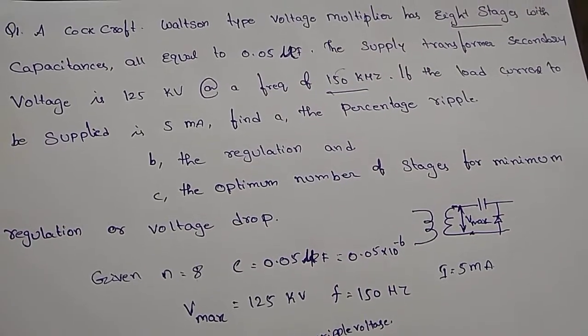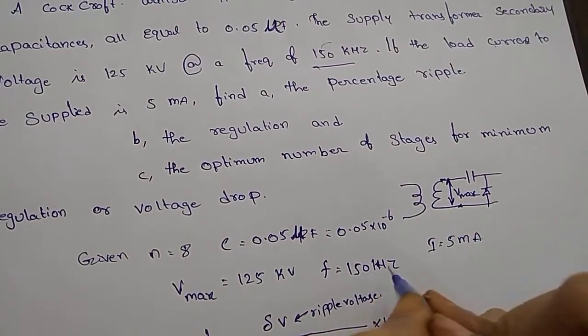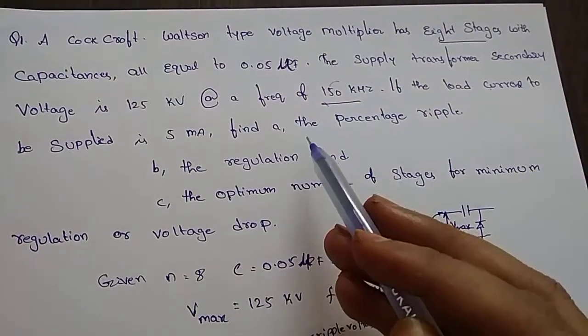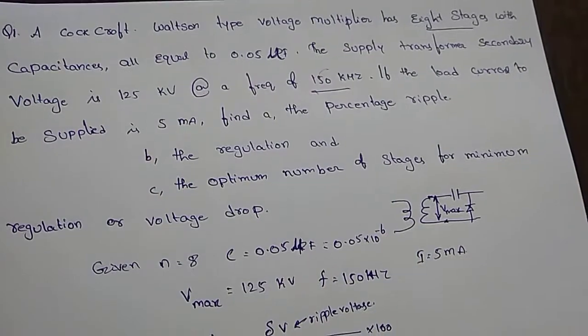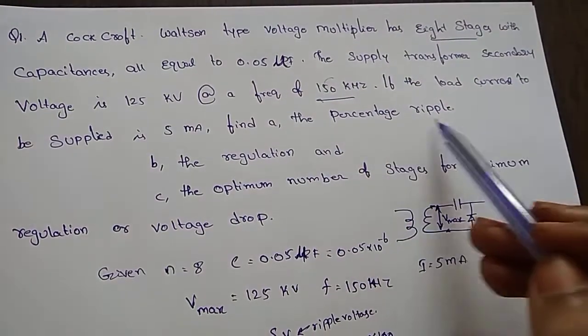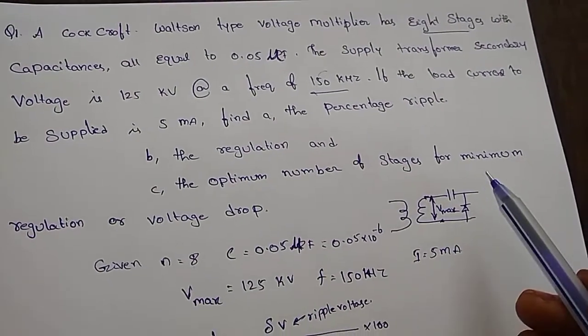The frequency is 150 kilohertz, and the load current is 5 milliamperes. They are asking to calculate the percentage ripple, regulation, and optimum number of stages.